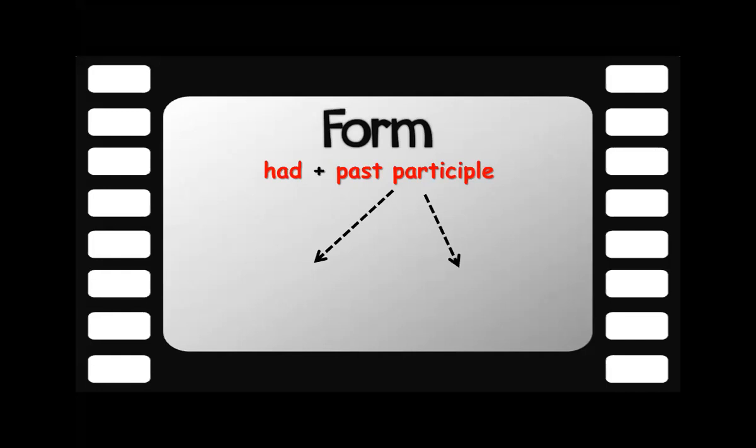Like go, went, gone. Do, did, done. Or play, played, played. Past participle can be regular or irregular. Regular, we add ed after the verb. Irregular, as you know, like go, went, gone, do, did, done.